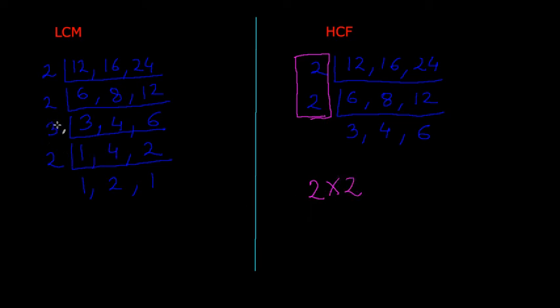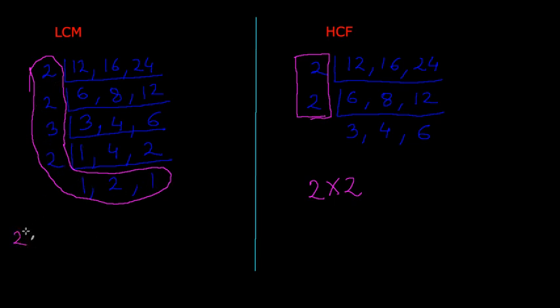For LCM, we actually consider all of these numbers, and then multiply all of them. So let's do that. 2 times 2 times 3 times 2 times 1 times 2 times 1.